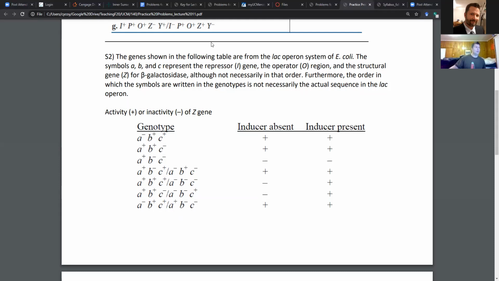Okay, so wait, what's going on? Well, what is this inducer absent, inducer present thing? That's the lactose. They're trying to be tricky. Inducer. In this situation, the LacI gene is an inducible repressor, which sounds like terrible wording. It kind of is.